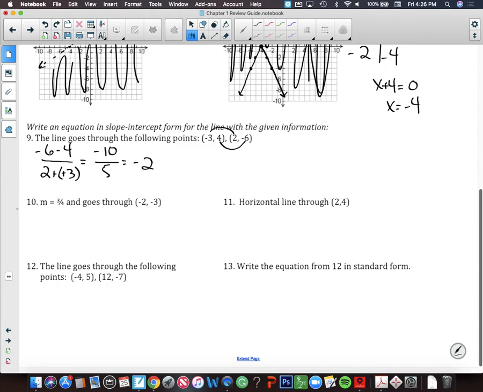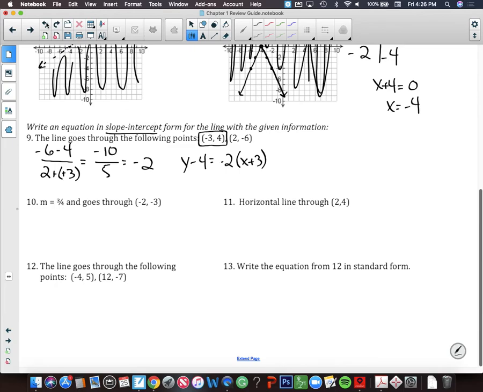So the two ways that we can do this, the one way I prefer is just to use point-slope. We can use slope-intercept and solve for b, but I like to do point-slope better. And let's just say we're going to use this point right here. So it's y minus 4 equals -2 times (x plus 3). So that's my point-slope form. I want slope-intercept, people.